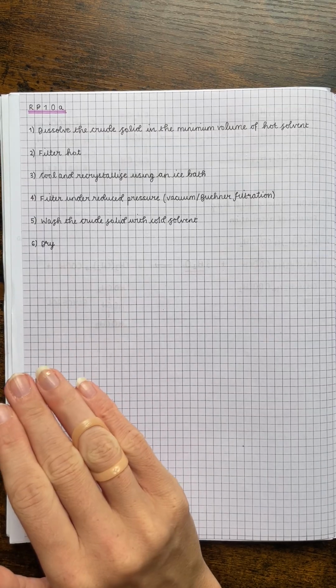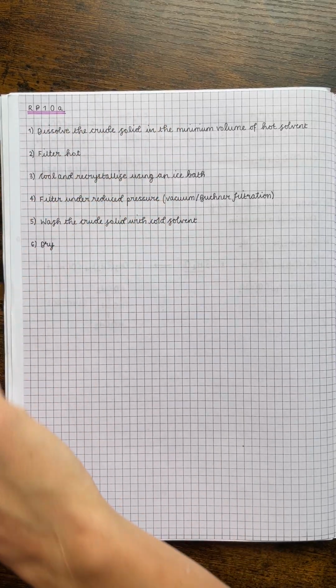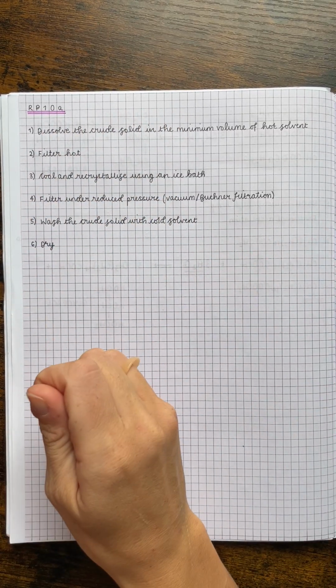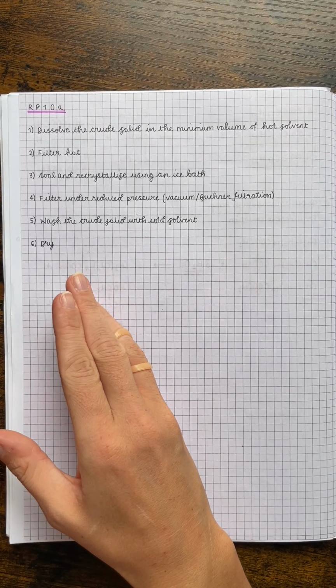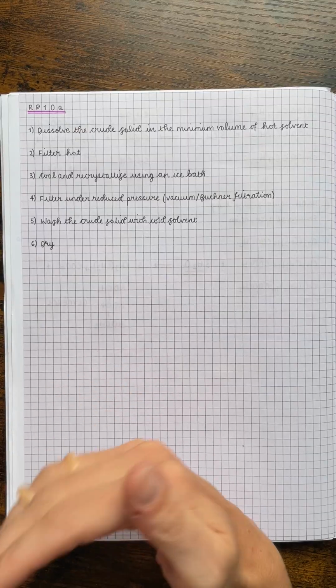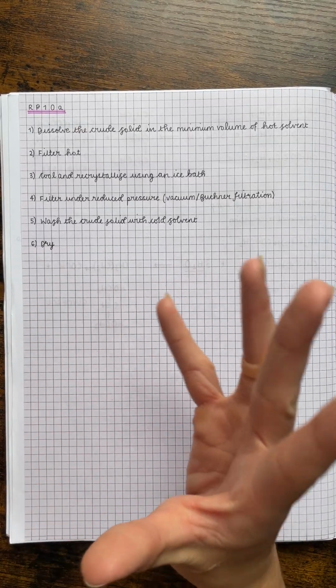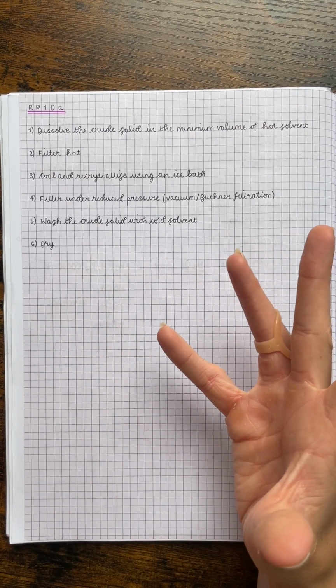So in terms of the method, we are going to dissolve the crude solid. Once you've made aspirin, for example, the aspirin that you've made would be classed as your crude solid, and then once you've purified it, it would be your pure aspirin. So it's just designed as a term to mean an impure version of the product that we want.